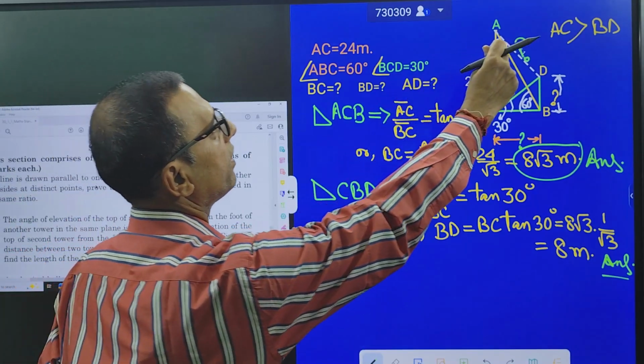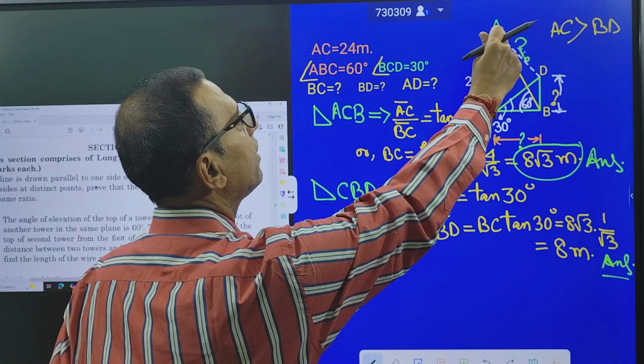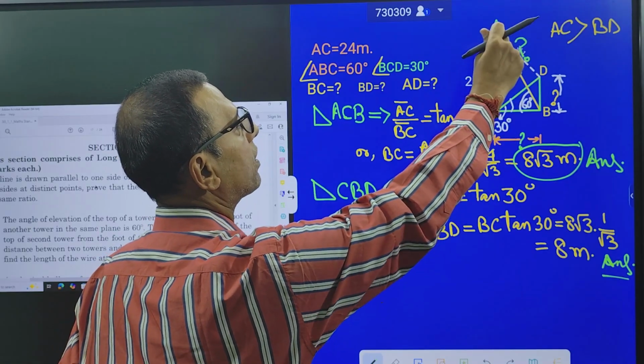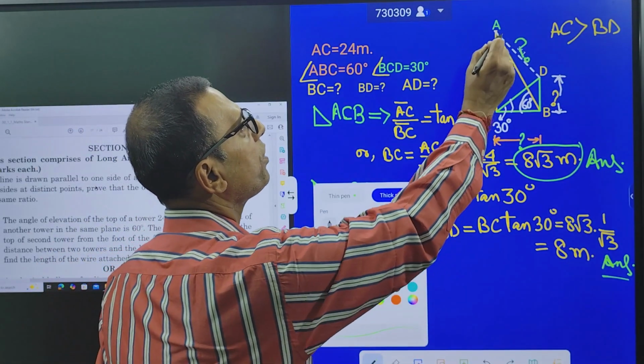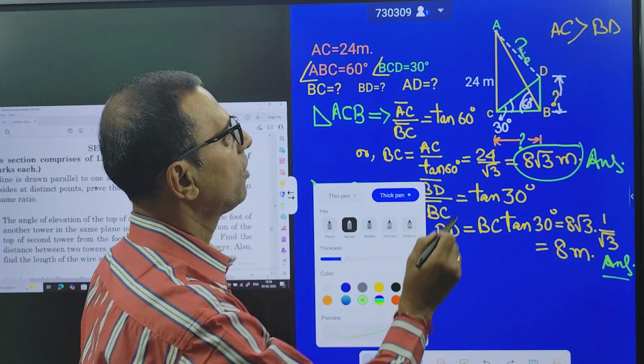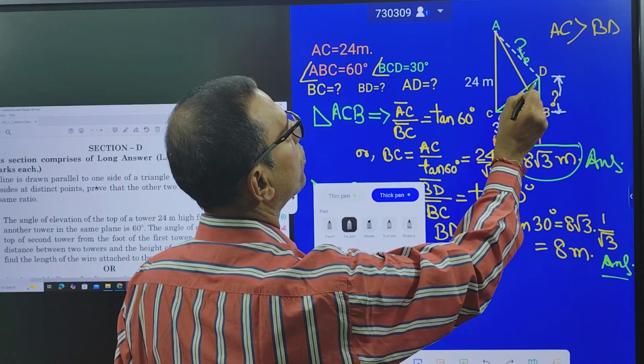The remaining question is, you need to find out the length of the string connecting the tops of the towers, that is AD. When you need to find AD, you need to draw a parallel line of BC, because you don't know this angle, right?